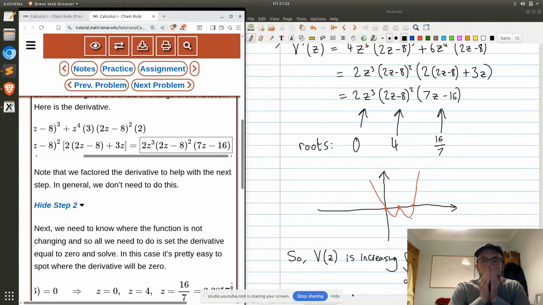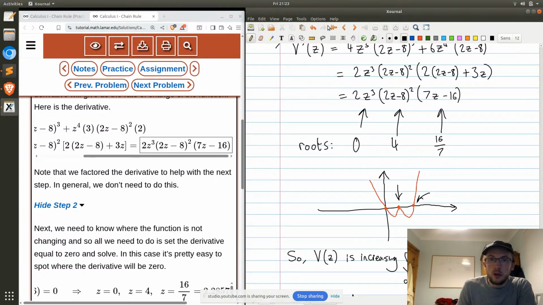Oh no. Because of the order in which I put them, I got it the other way around. Okay, so it's this one that has a multiplicity of 2 and this one that has a multiplicity of 1. So it will actually look like this.